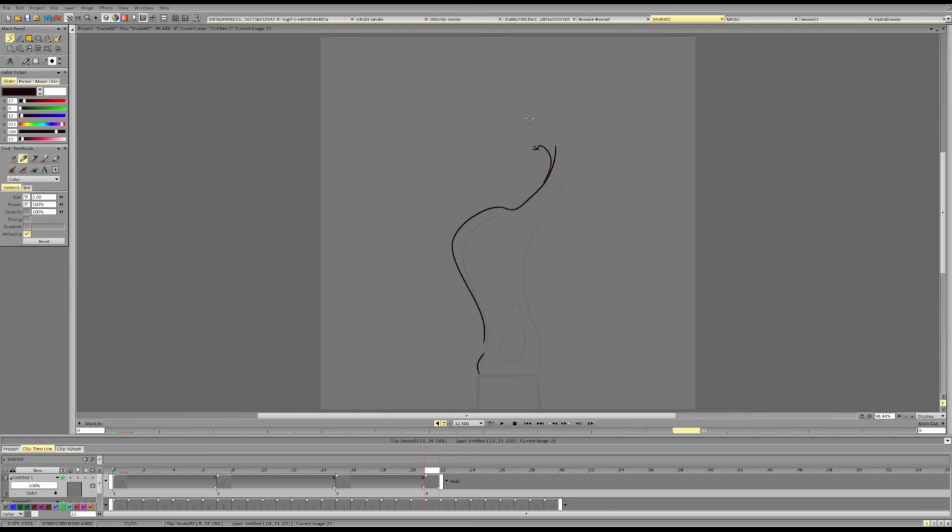So we can do stuff like this, a variation. Be bolder with our curves.